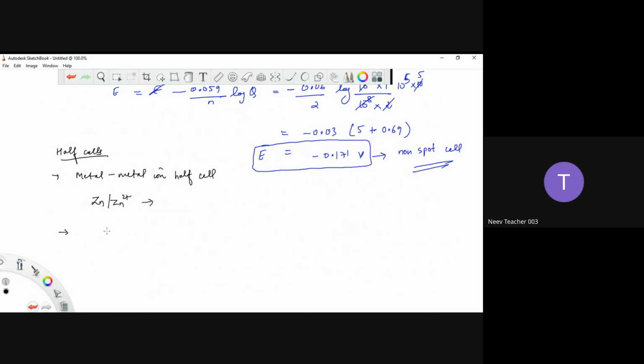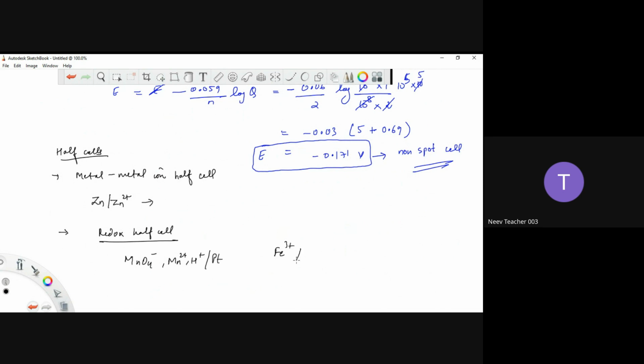The second half cell is the redox half cell, and in that, only one ion goes into the other ion. As in, if you remember the half cell we have taken, MnO4 minus going into Mn2 plus, H plus, platinum. This is a redox half cell.